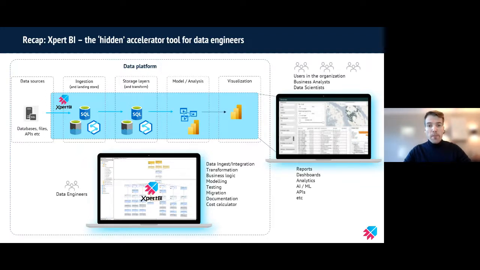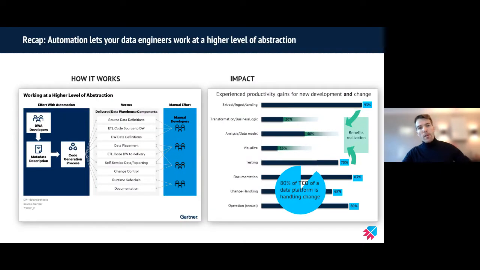So one question is probably then, what is the difference between Xpert BI and a typical data integration tool in the marketplace? So let's take a look at what Gartner says, and then also our experience. So looking here, what Gartner says, look at the left-hand side, is that using, in this case, data warehouse automation allows the data engineer to work at a higher level of abstraction.